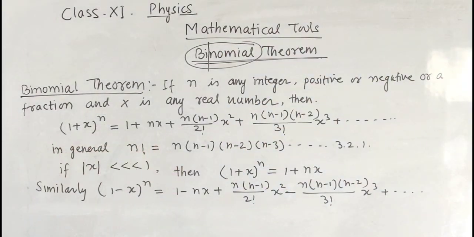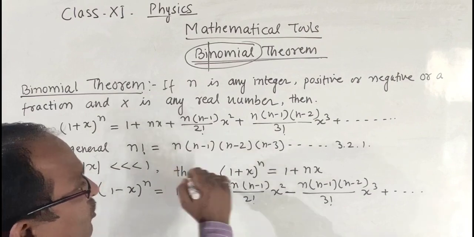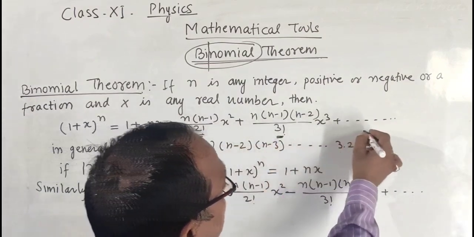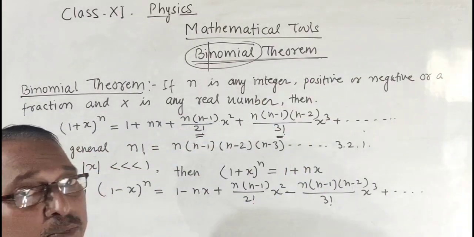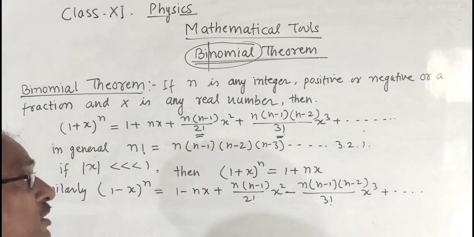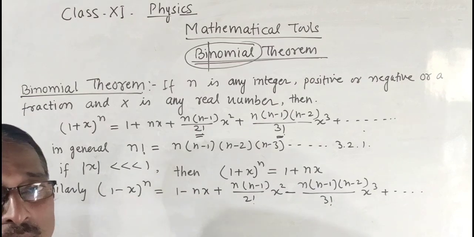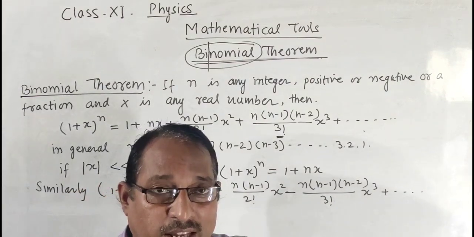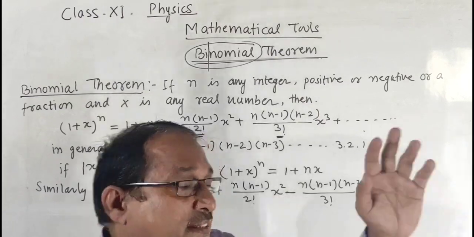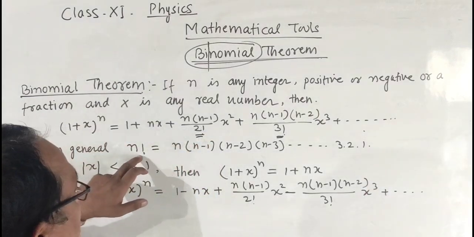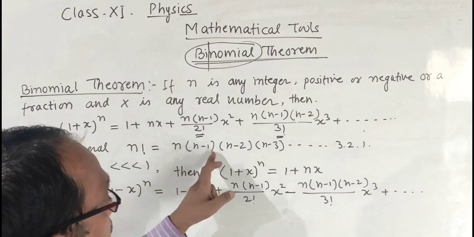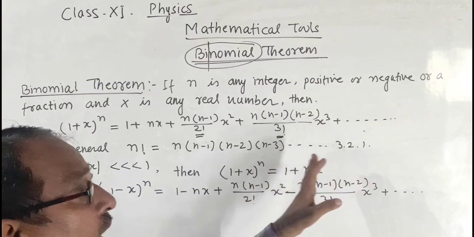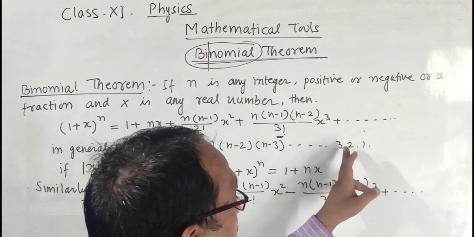Here factorial means, suppose we are writing factorial 2, factorial 3, factorial 4, and so on, up to factorial n. So what is the meaning of factorial? We have to multiply the given number by every number down to one. That is, factorial n can be written as n into n minus 1 into n minus 2 into n minus 3 and so on, up to 3, 2, 1.